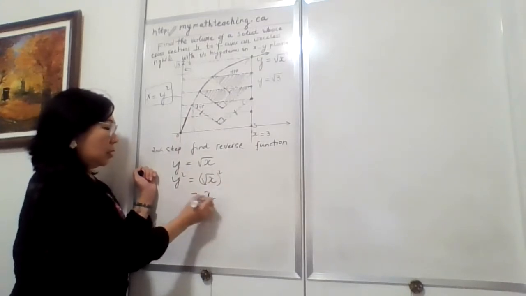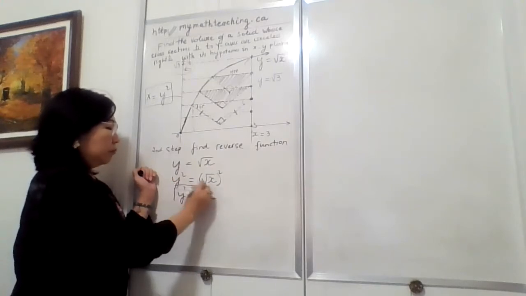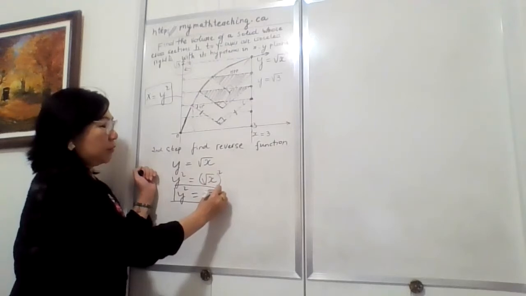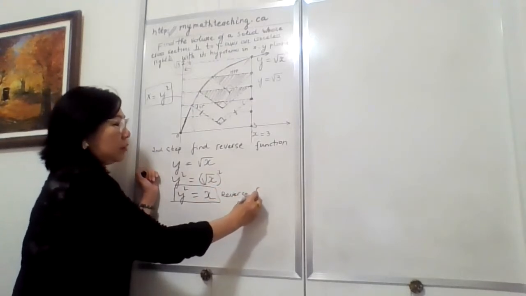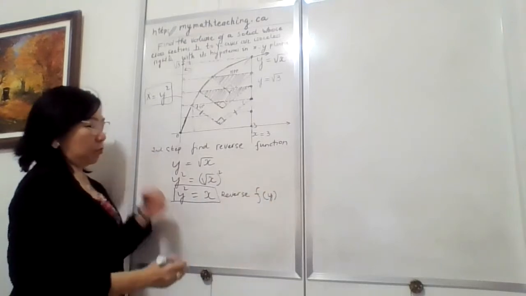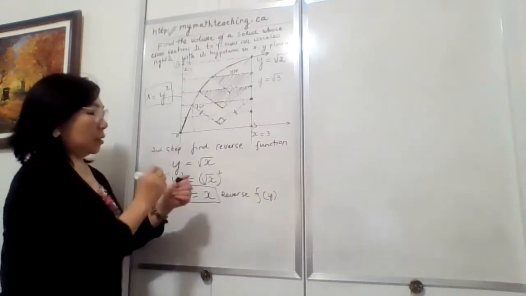We get x in terms of y, so x equals y squared. Now this is the reverse function, f of y. That is the first step we should do.